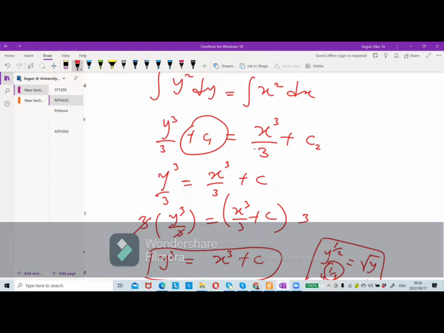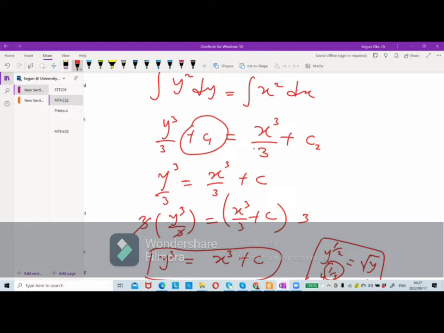Because I was thinking even if we are to collect the like terms and take the other, the c will cancel. But you cannot cancel, remember, because it will now be C2 plus minus C1, which gives us C. No, it's not like that. I think it is a general formula, like an arbitrary constant, so it's always constant.